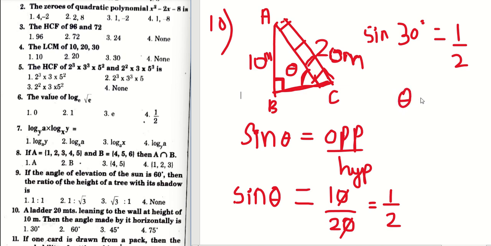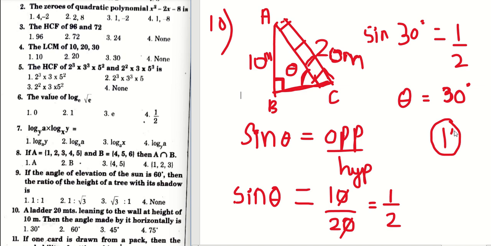Obviously, theta equal to 30 degree, which gives you 1 by 2. Sine 30 gives you 1 by 2. Obviously, theta will be 30 degree. So, let us check the options. Option 1 is 30 degree. Yes, exactly. Option 1 is right. Okay, so we'll get 30 degree as the answer.